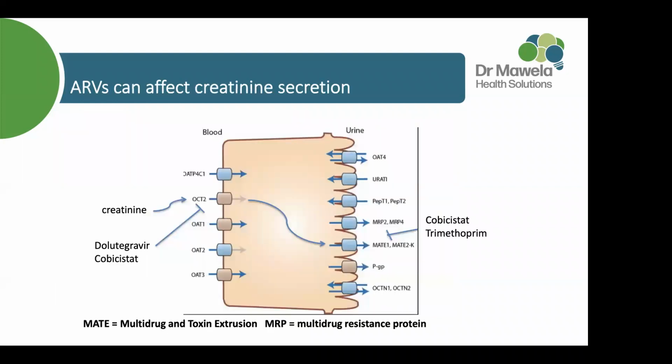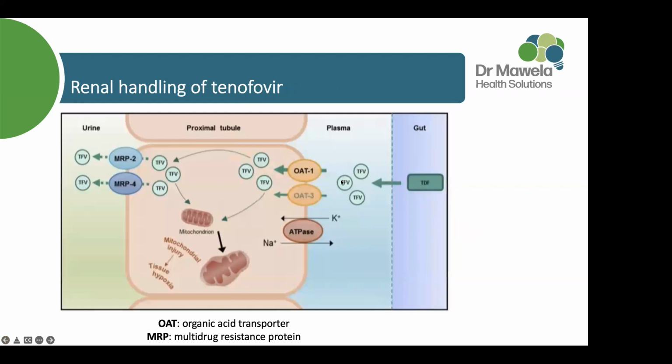All right. I need also to show you, remember I spoke about it earlier on, maybe let me go back, that the active drug is transported by these OAT transporters into the cell and excreted by these MRP transporters as well, right? The proteins outside into the urine.